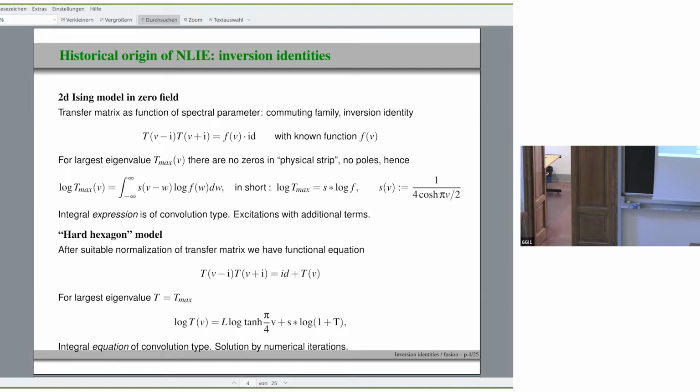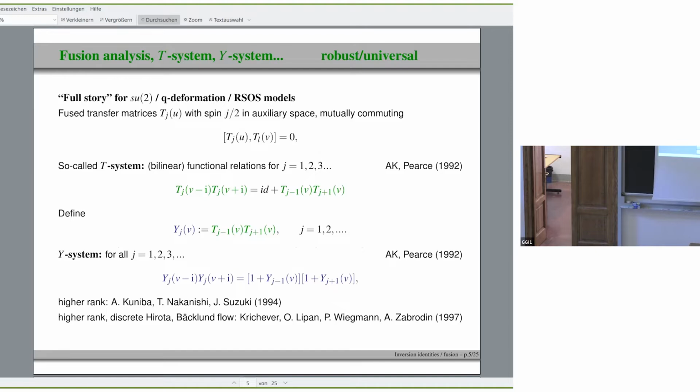Now, why do we have this additional term, the driving term? That comes from the fact that in this case the transfer matrix T has a zero of order L at the origin, and when rewriting this functional equation in terms of an integral equation, it just pops up.